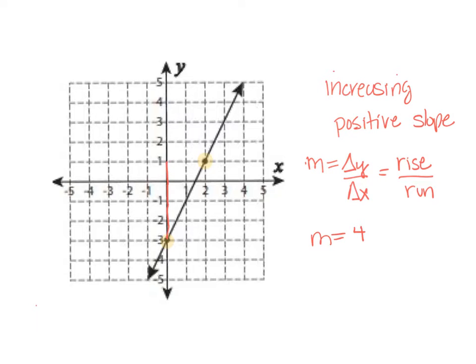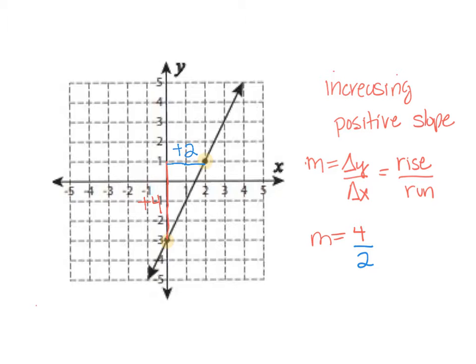And then we're going to count to the right 1, 2. And so that is a run of 2. So notice that when we counted up, that was a positive 4. And then when we counted to the right, that was a positive 2.